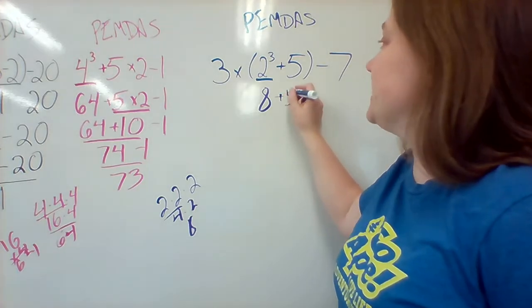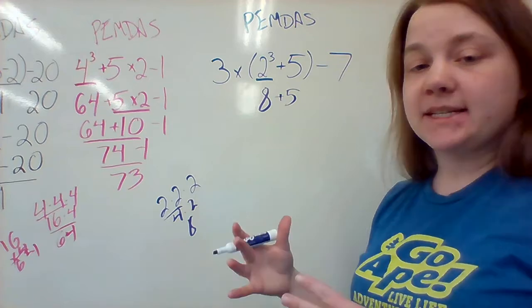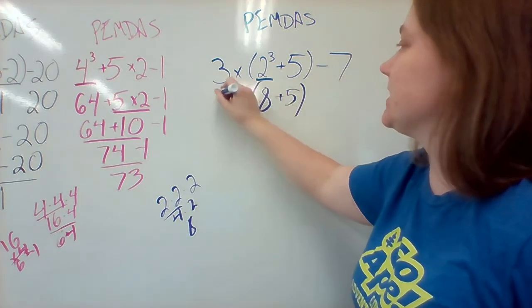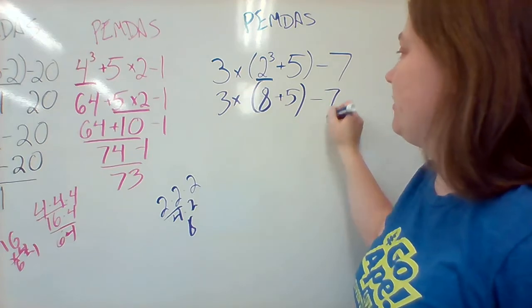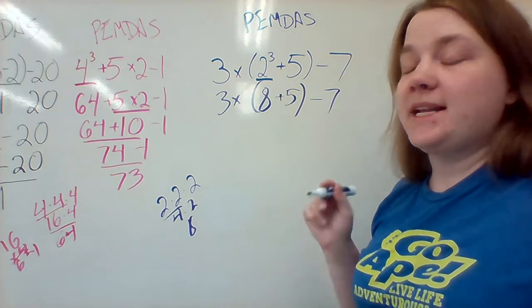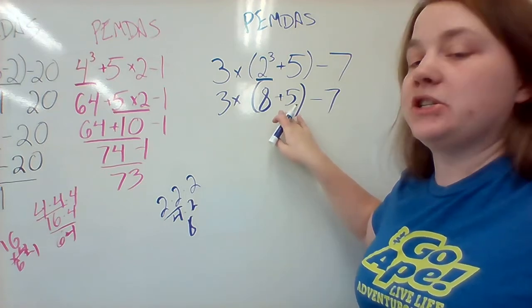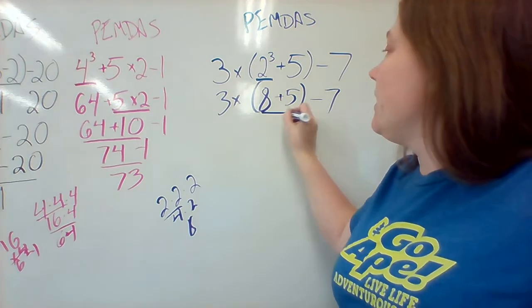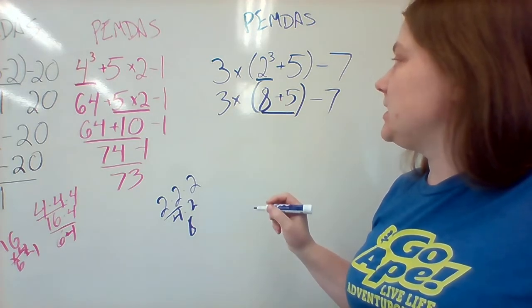Now, because I didn't get rid of everything inside the parentheses and make it all one number, I still need the parentheses there. I'm not done in there just yet. Even though I have multiplication over here, I still want to add next because the addition is inside the parentheses, so I want to make that my priority. 8 plus 5 is going to be 13.